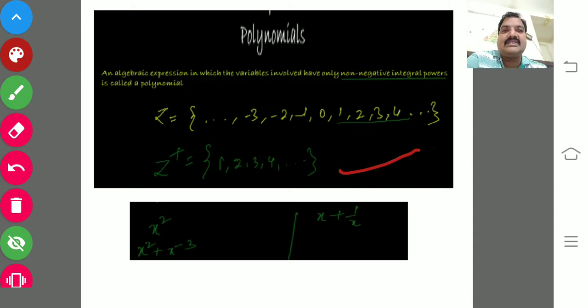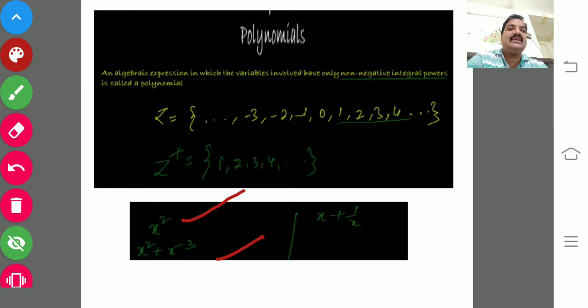Here I have given some examples. You just observe, and we can easily say whether it is a polynomial or not. See, the first one is a monomial. A monomial is a polynomial; already we have discussed that one or more terms make an algebraic expression a polynomial. But here, observe x square and x power minus 3.